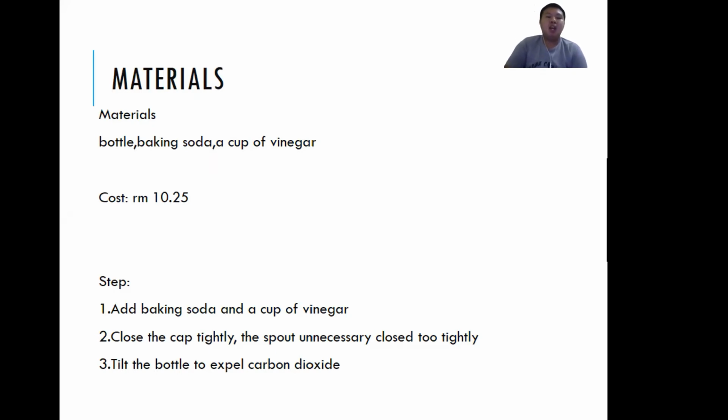First, add baking soda and a cup of vinegar. Close the cap tightly, but not unnecessarily tight. Then tilt the bottle to expel carbon dioxide. This is a very simple way to make a fire extinguisher.